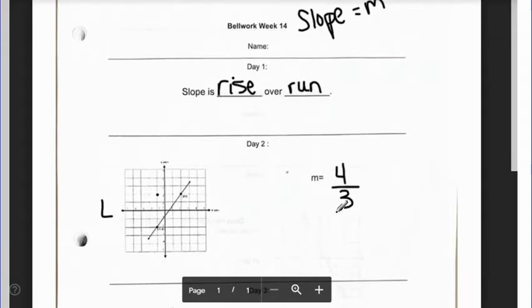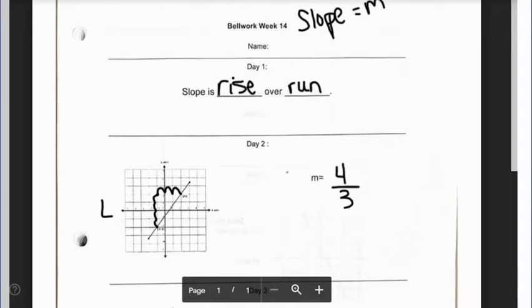So your answer for day 2 is 4 over 3. Remember, I went up 1, 2, 3, 4, and then I noticed, oh, I'm on the same line as my other point, so I can stop. Then you have to figure out what your run is, so you count over 1, 2, 3, and that's where the 3 comes from.